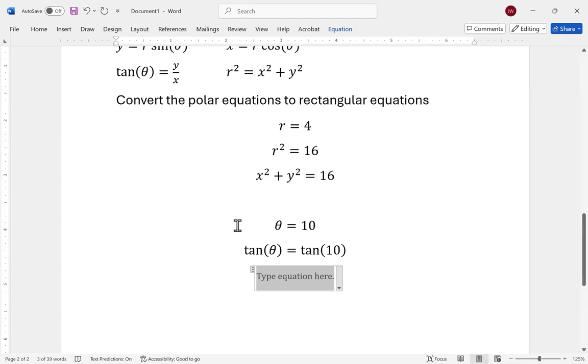Because I have tangent theta, I can replace that with y over x. So y over x is equal to tangent of 10, which is close to 0.65. It's just some numerical value.